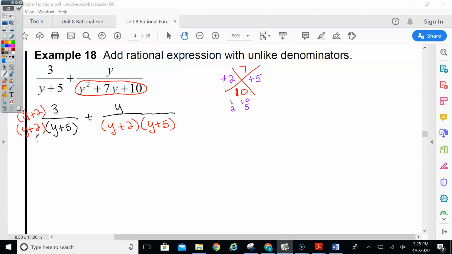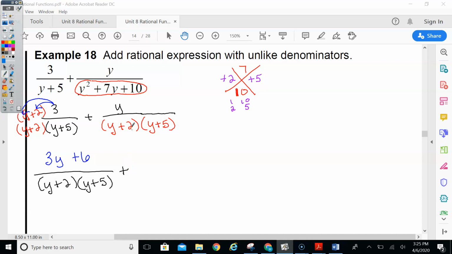So for this fraction, denominator is y plus 2, y plus 5. We need to distribute the 3 to both of them. So we're going to take 3 and distribute it to y. So we get 3y. And then distribute it to 2 and get plus 6. So that's the first fraction.